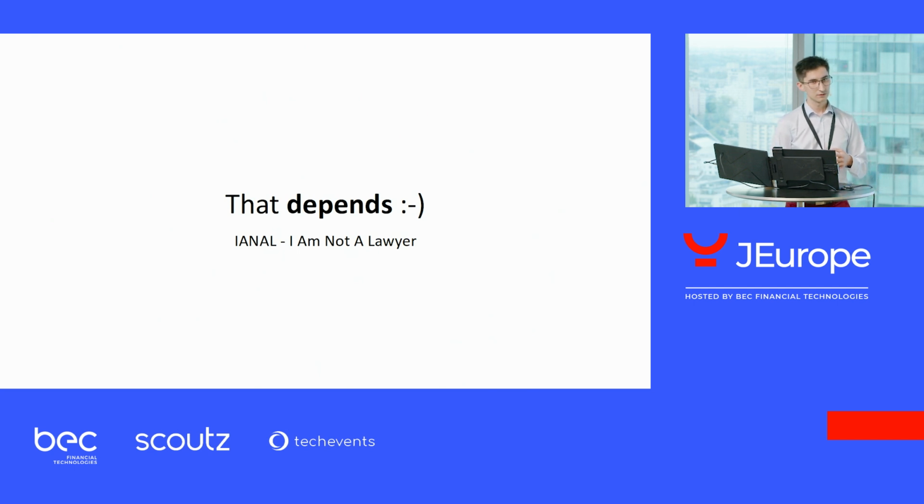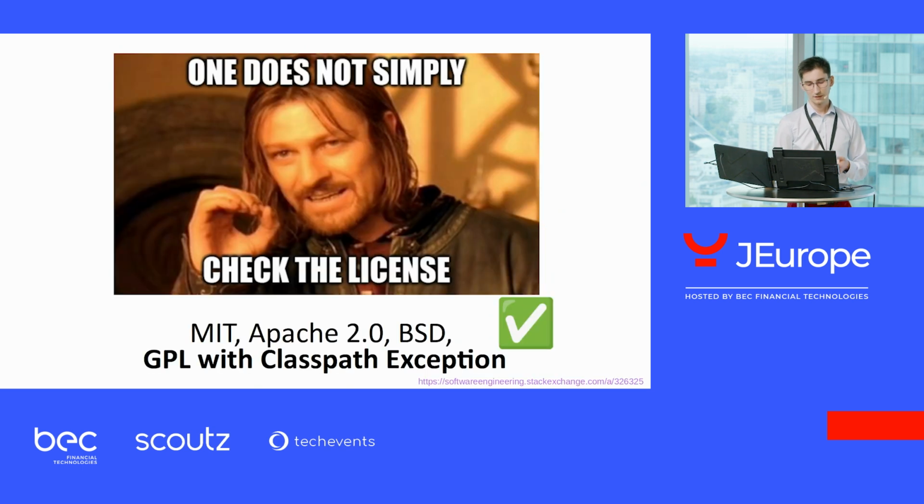Because all the stuff connected with shading, shadowing, and dependencies is about the licenses. So if we have a dependency with MIT, Apache, BSD, or GPL with classpath exception, we can use shading and shadowing without any issues, and nobody will have any issues with that.